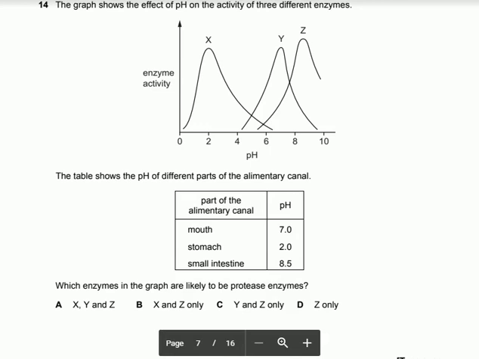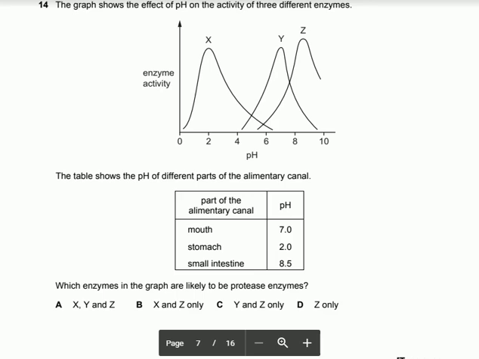Question number 14. The graph shows different effects of pH on the activity of three different enzymes. As I told you guys, it's D, X and Z only. This is because the stomach produces protease, so X, the stomach, because proteins are digested.